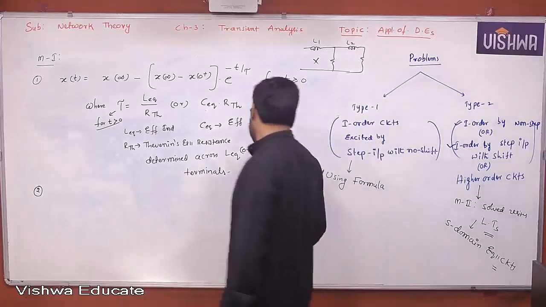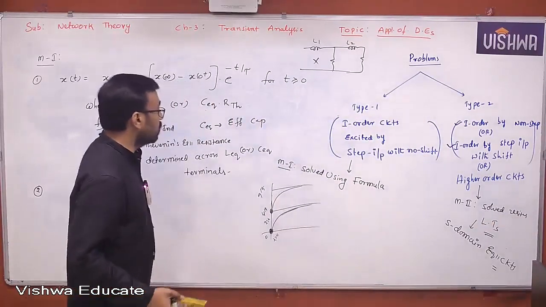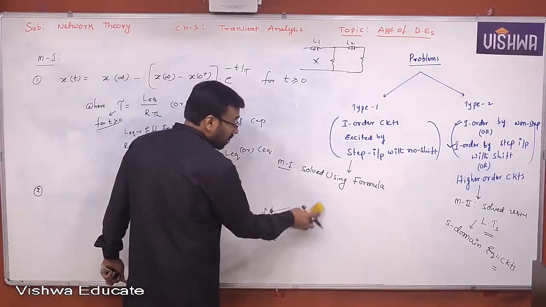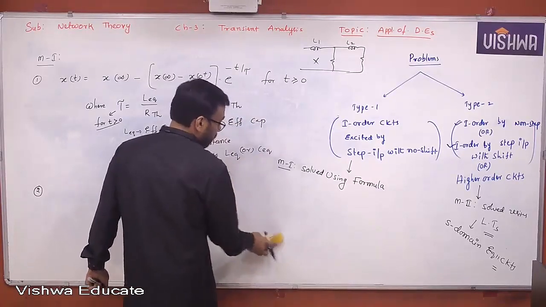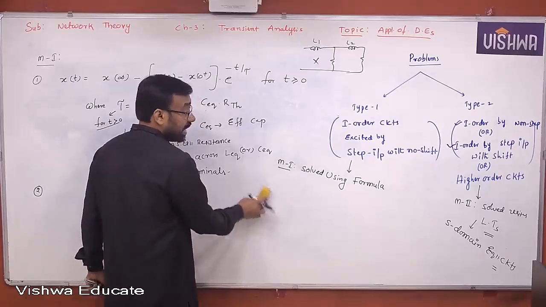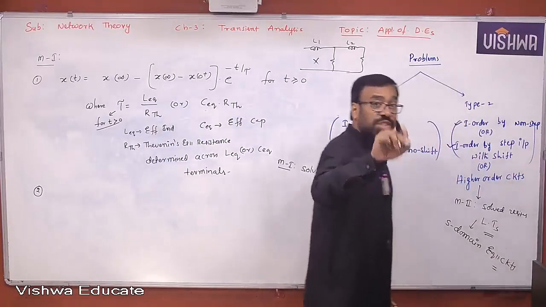Therefore, for t greater than or equal to t naught. What is the t naught? T naught is the delay, the delay in the second switching operation with respect to the first switching operation.